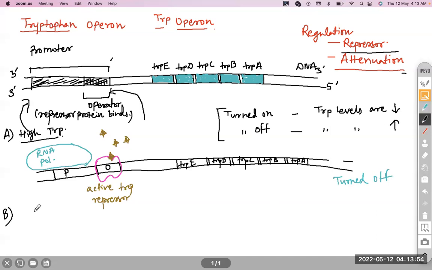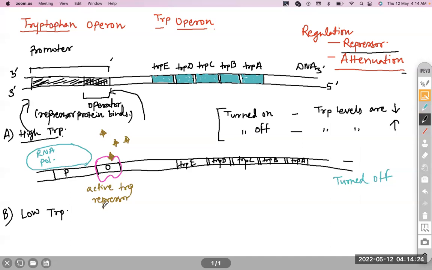What will happen when there is low TRP? When there is a little tryptophan in the cell, the TRP repressor will be in inactive state because no tryptophan will be available to bind to and activate it.